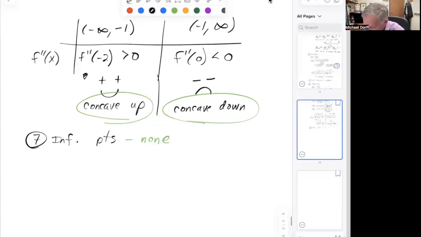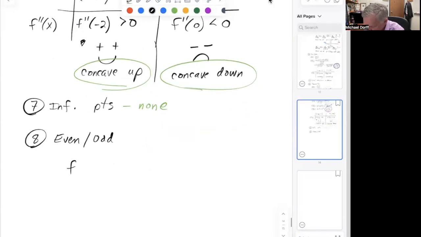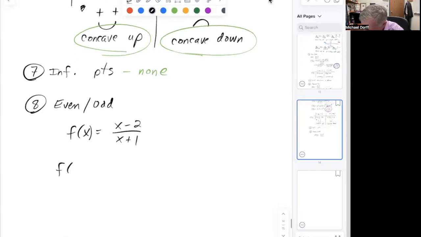Okay, and then last thing, even and odd. Is this an even or an odd function? Well, let me write down my original function again. The original function was x minus 2 over x plus 1. Now I'm going to look at f of negative x, so I put in negative x wherever there was an x.